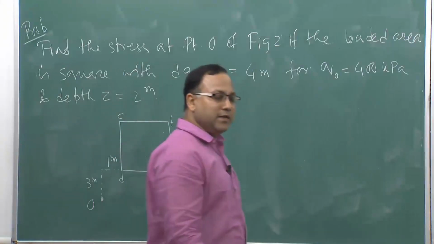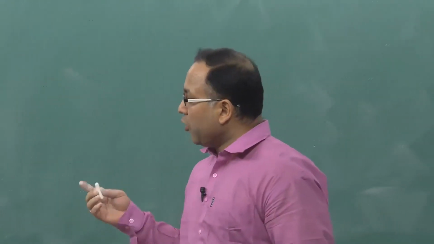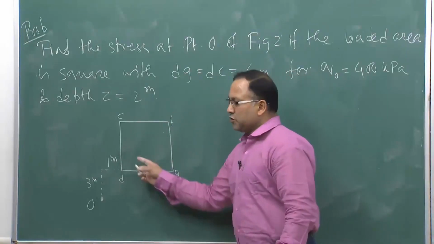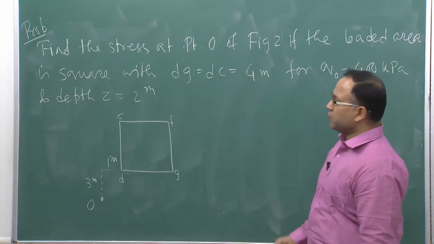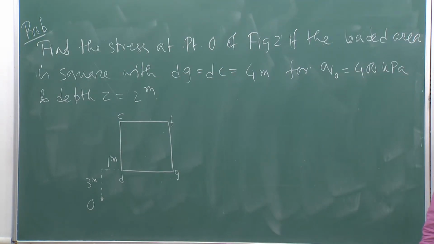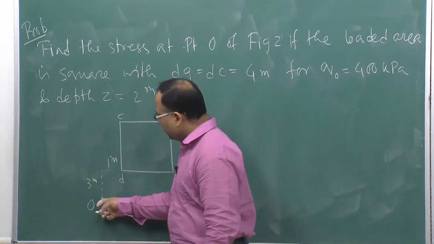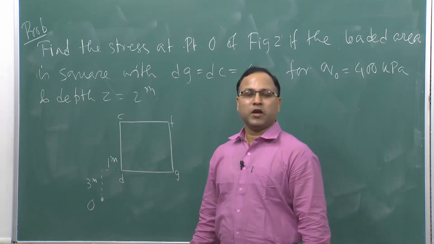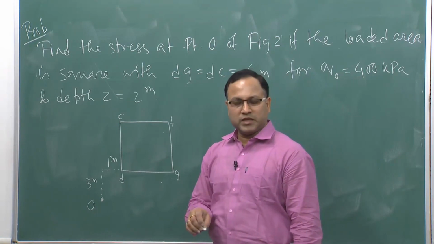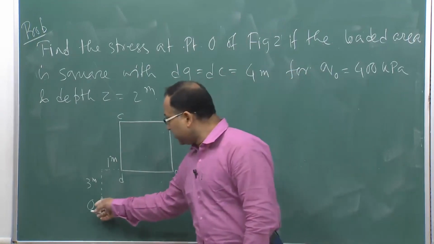So, this point is outside the loaded area, that is the interesting thing. The loaded area is CDGF, that is 4 meter by 4 meter, and on which you are having the pressure 400 kilopascal. And at depth 2 meter, you need to find out the stress at point O. Just below point O, you consider some depth 2 meter and you find out the stress due to the application of stress on this loaded area, because this point is outside the loaded area.